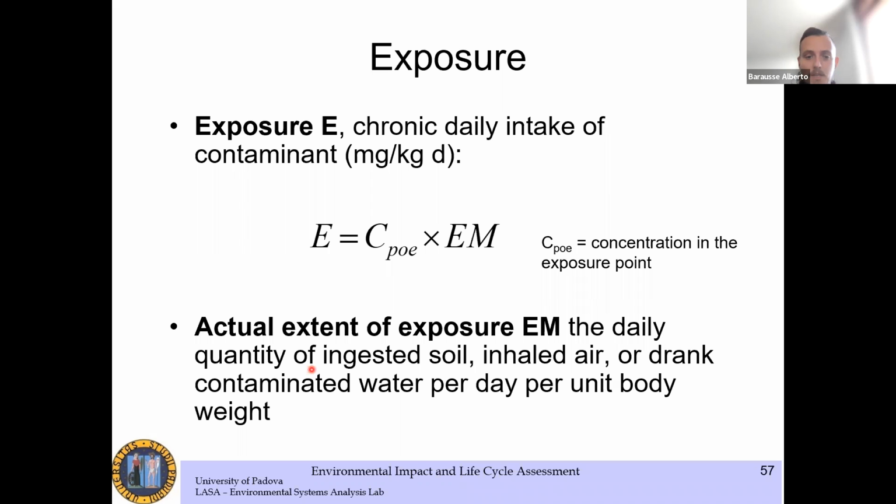For example, exposure, you calculate it as the product of the concentration of your contaminant in the point of exposure that you have previously determined by quantifying the transport factor, times the actual extent of exposure, so the daily quantity of ingested water, soil, inhaled air per unit of body weight.